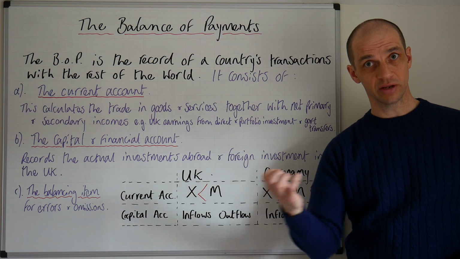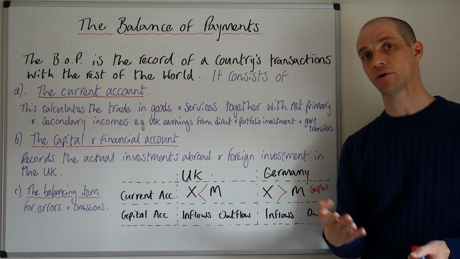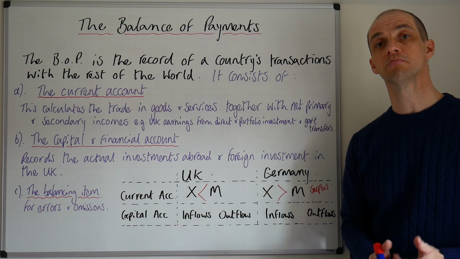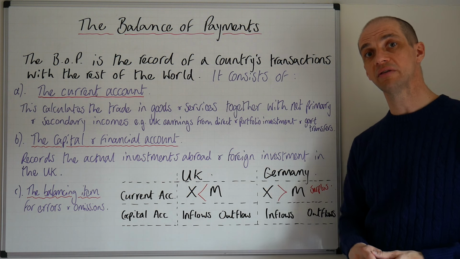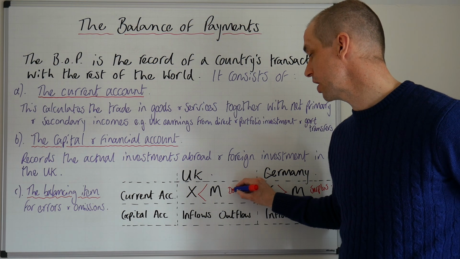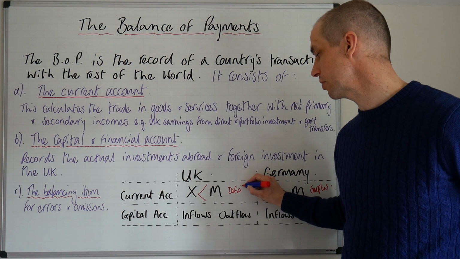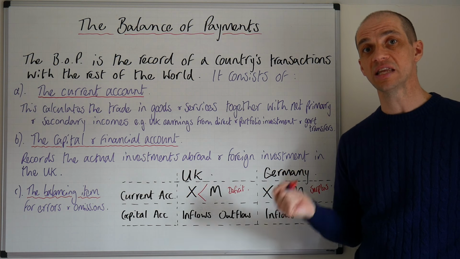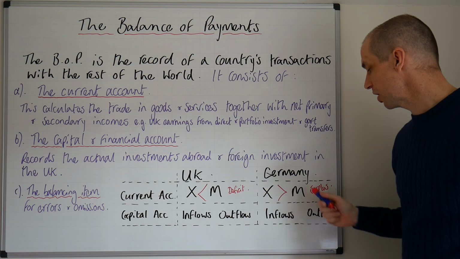The Germans are receiving British pounds in return for the products that they are selling us, and so they run a surplus, meaning that they have a positive value on their current account. Meanwhile, we can see that we have money leaving our country in return for German goods, and so therefore we are running a deficit. Okay, so what does this mean?